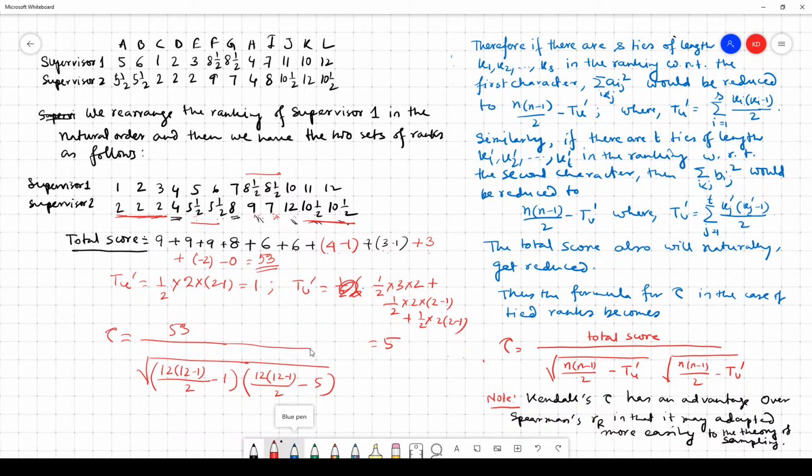So this is the value of tau, which should be close to 0.8 something. So please tell me, Shayok. Sumon, please tell me.